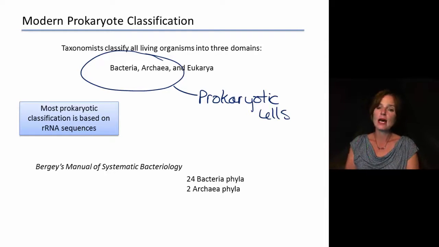Bergey's Manual of Systematic Bacteriology is the most accepted classification system that we use, and that's the one that we're going to go through here. With that particular classification system, there are 26 different phyla that the prokaryotic organisms are divided into. 24 of those phyla are for the bacteria domain, and then 2 of those phyla are for the archaea domain.